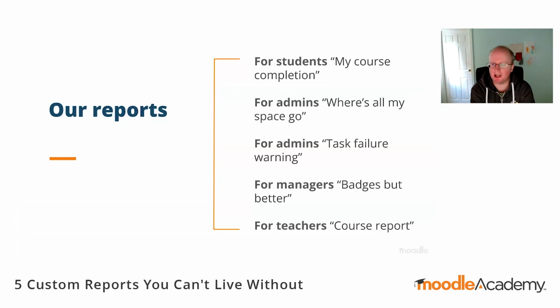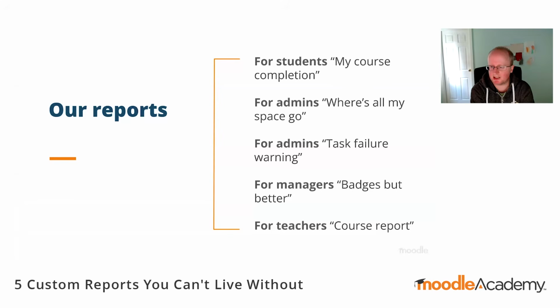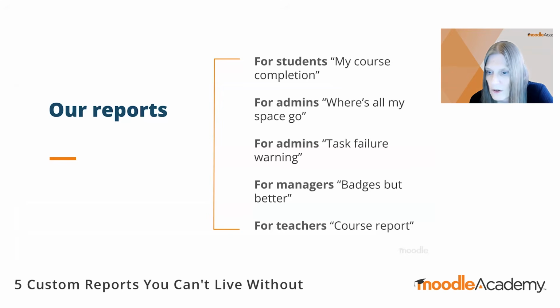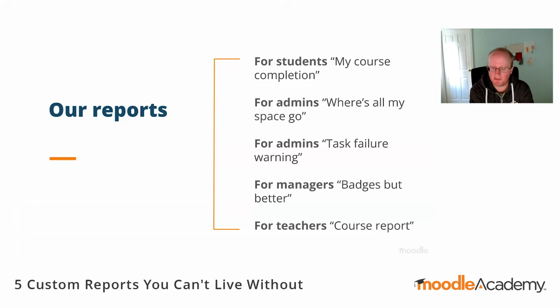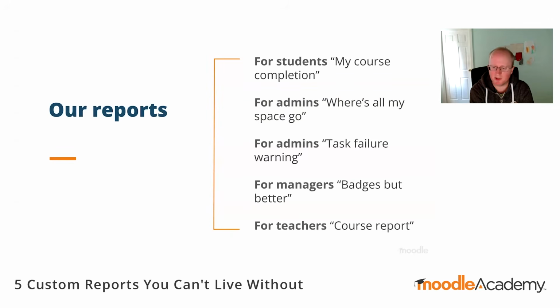For the file size, the source of this report was the files. Files, right. The task failures is task logs. Task logs. And the badges report was from the badges source. And then the course report, again, that was from the course participants. So the course participants shows all the completion, grade, etc.